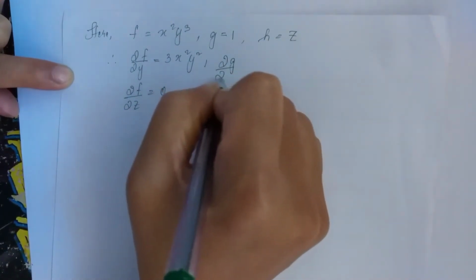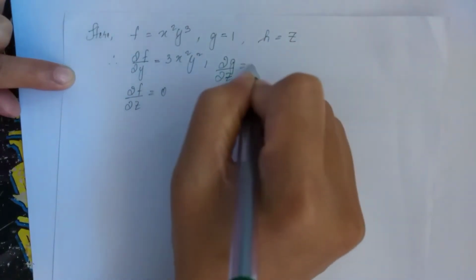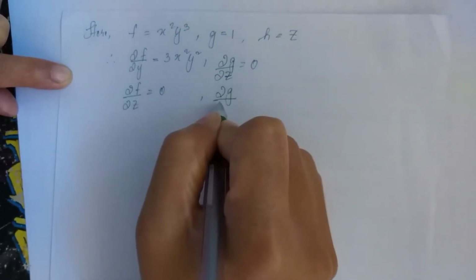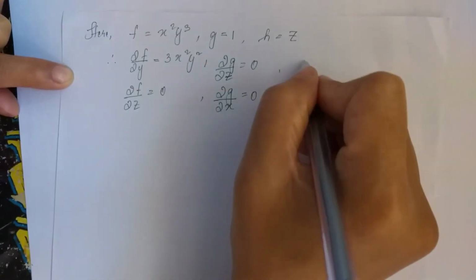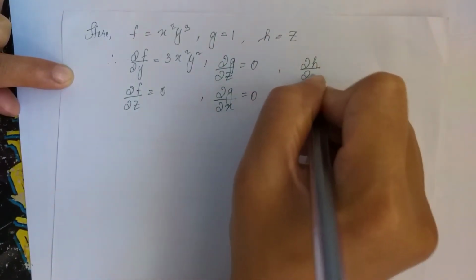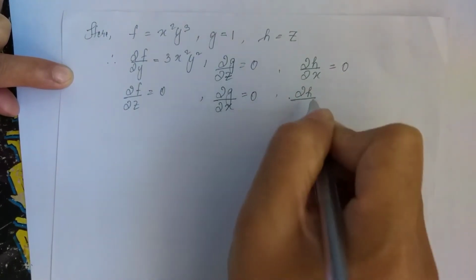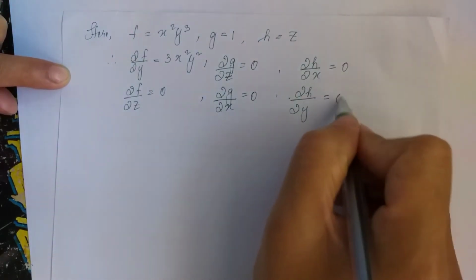Del g del z: we have no z, so it will be equal to 0. Del g del x is also equal to 0. Next, del h del x is equal to 0. Del h del y is also equal to 0.